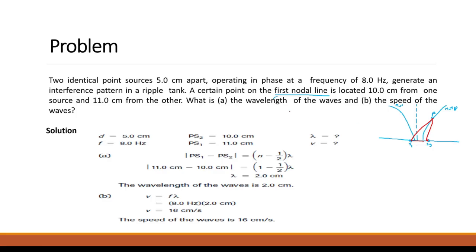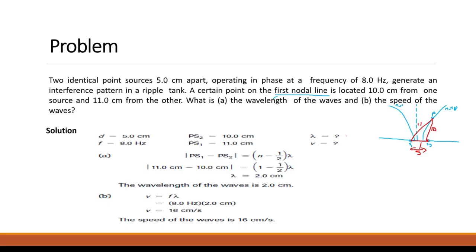We're told that a certain point on the first nodal line is located 10 centimeters from one source and 11 from the other. This makes sense if this is 11 and this is slightly closer, 10. And we know that they are 5 centimeters apart, so that's really this distance. And what's the wavelength?